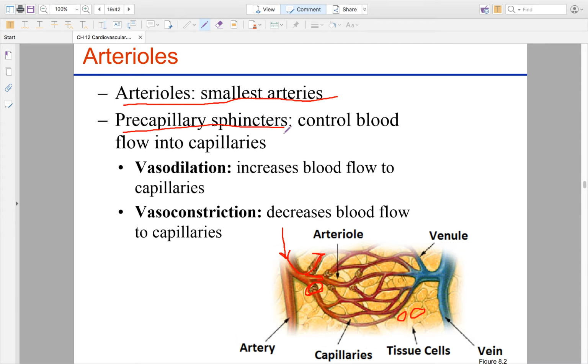And their job is to control how much blood is going to leave this artery and enter the capillary network. And the body knows how to control those things, and it controls it with a sphincter. A sphincter is something that can contract and close that little pathway, right? And it can also open wider.